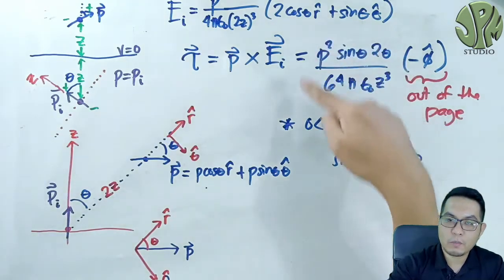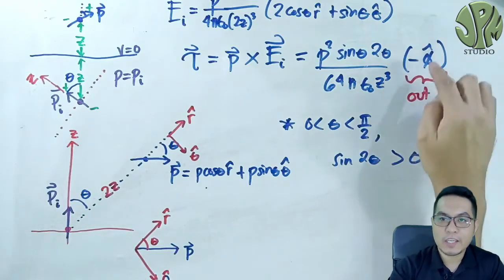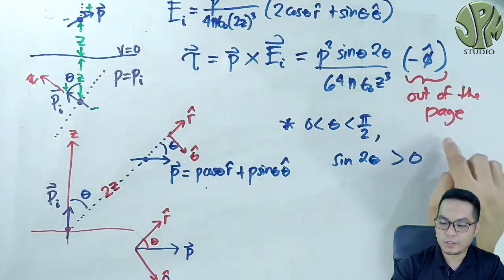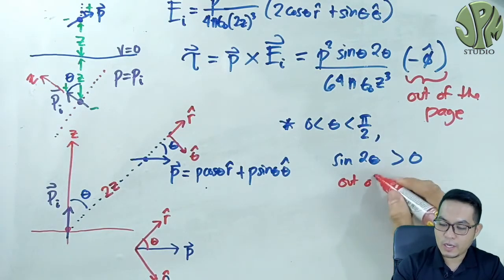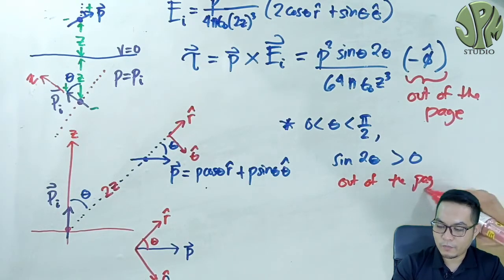So this whole term here will be positive, so the direction is negative phi hat. So the direction will be out of the page.